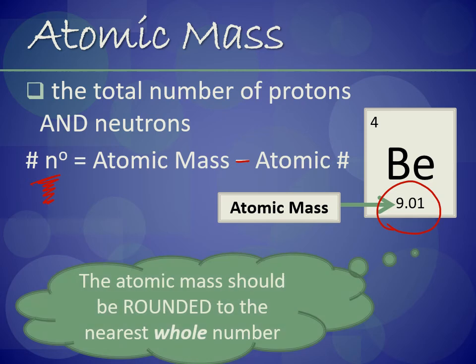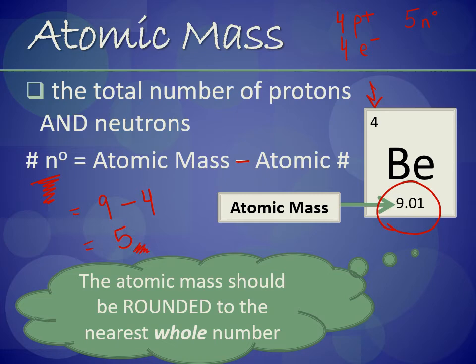Okay, so if I was to show you that, it would be 9 subtract 4, which is equal to 5. So beryllium has, because of the atomic number, 4 protons, and by default that means it has 4 electrons, and it's going to have 5 neutrons. And I know it has 5 neutrons because I did this calculation down here.